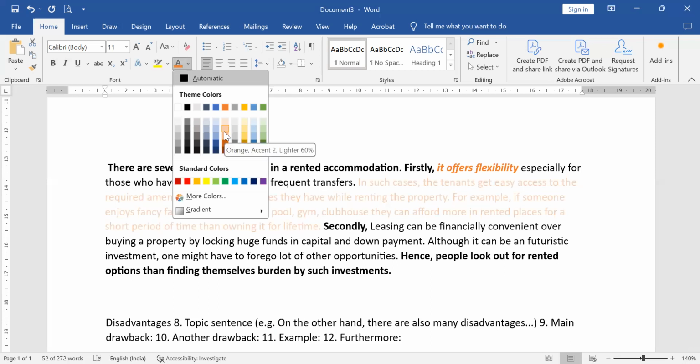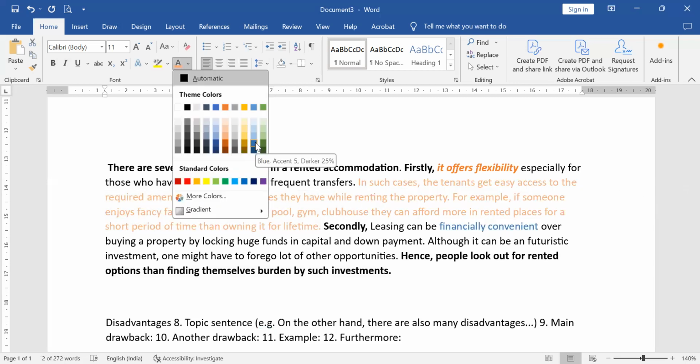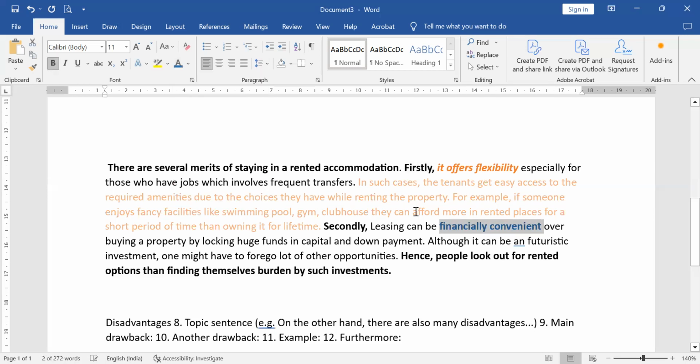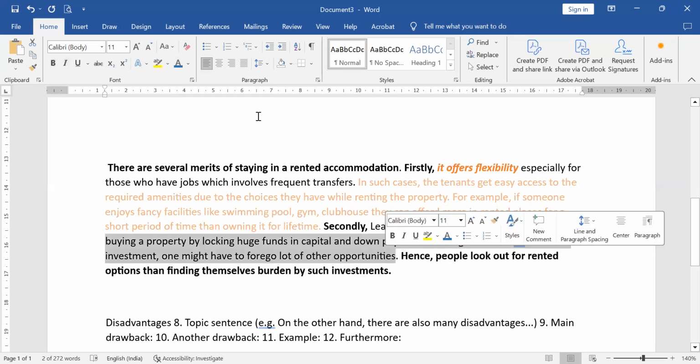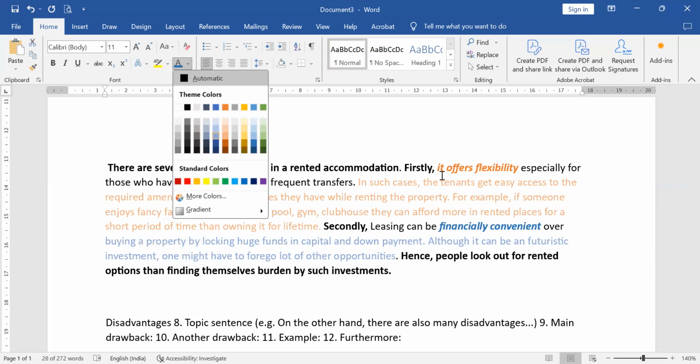This was my second point, financially convenient. I gave an explanation for that. Do you understand? Okay, this was the explanation.